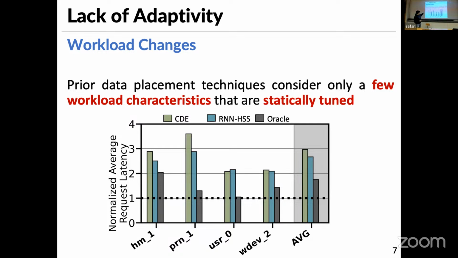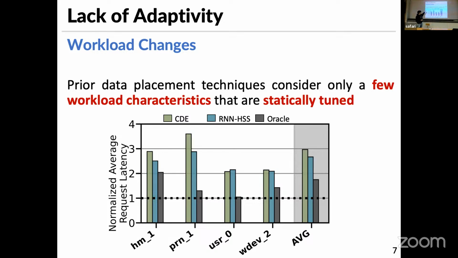And you can see on the y-axis is what's called the normalized average request latency. It's normalized to a fast-only data placement policy, which would be basically as if the whole hybrid storage system was only the fast device. And so we have two different data placement techniques.